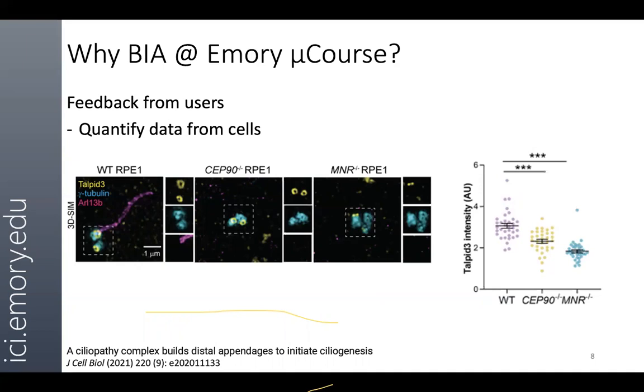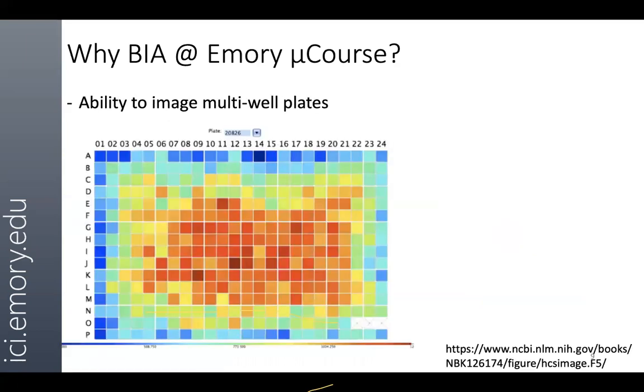In your images, you don't want to circle your regions of interest manually, because that can be a lot of work when you are comparing your wild type cells versus your mutant or knockout cell types. So you want an automated image analysis workflow, and that's where a course like this is going to be very helpful to you.